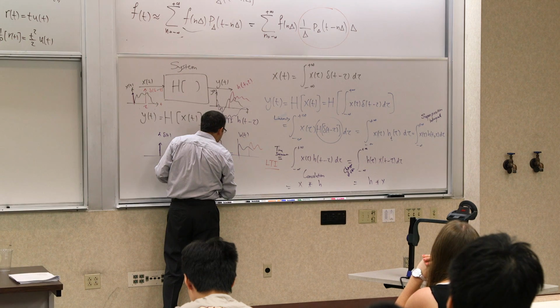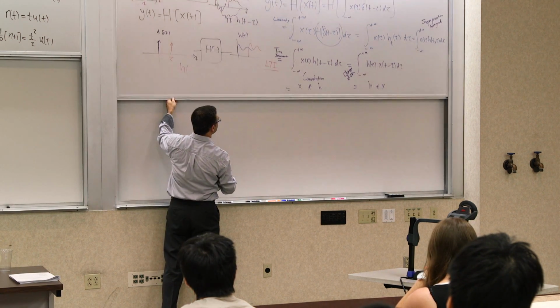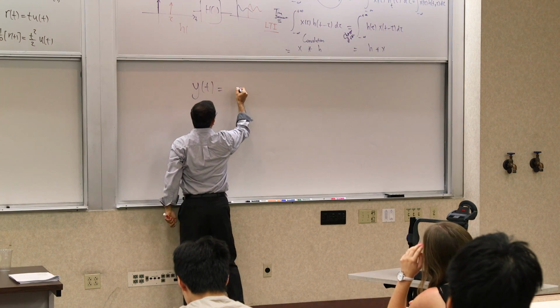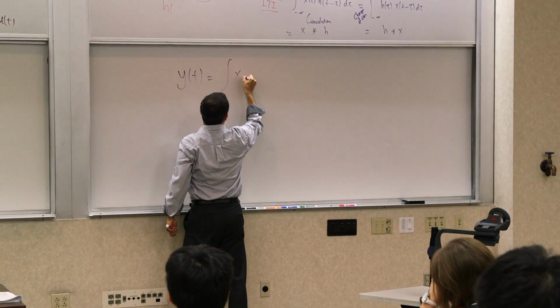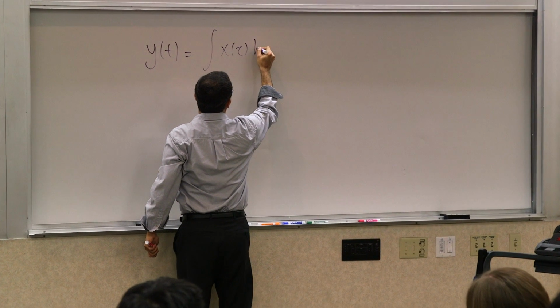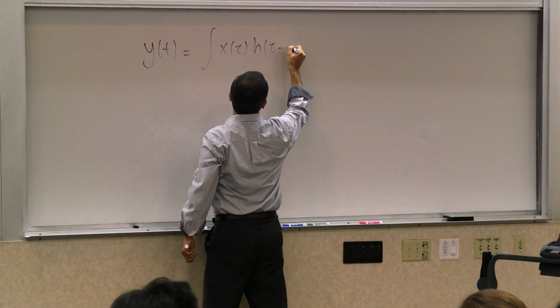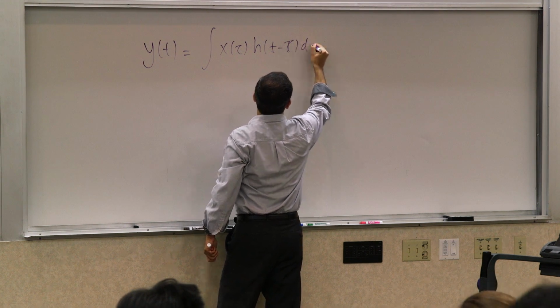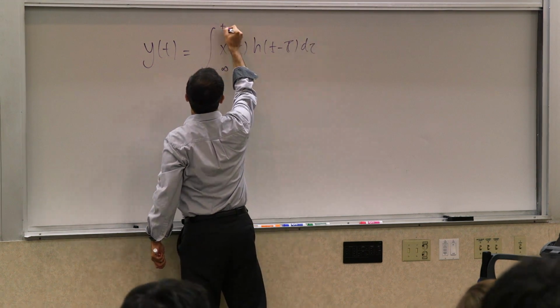But this is the most important result really, which is y of t is the integral of x of tau, h of t minus tau, d tau, from negative infinity to positive infinity.